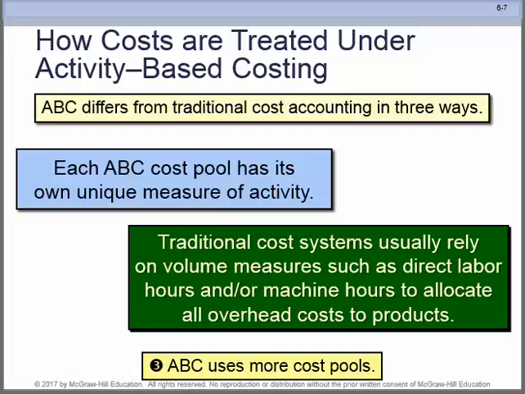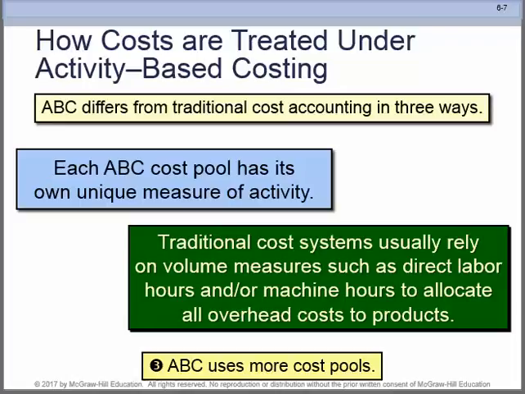Each ABC pool has its own unique measure of activities. So remember how when we did POHR, we talked about, well, you've got to pick the right allocation base, machine hours, direct labor dollars, whatever. In this case, the cost pool could have whichever one is the most appropriate, and each cost pool can be different.